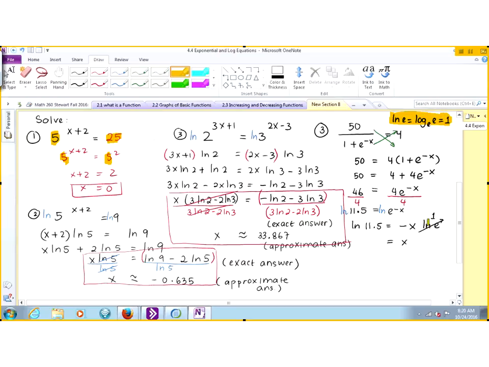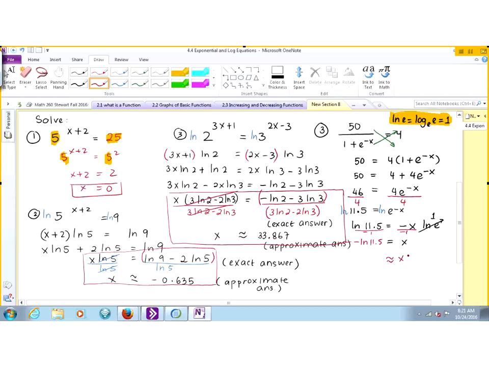So negative x multiplied by 1 is negative x. So when I solve for x, I'm just going to divide by negative 1. All right. So x is negative ln 11.5. This is your exact.